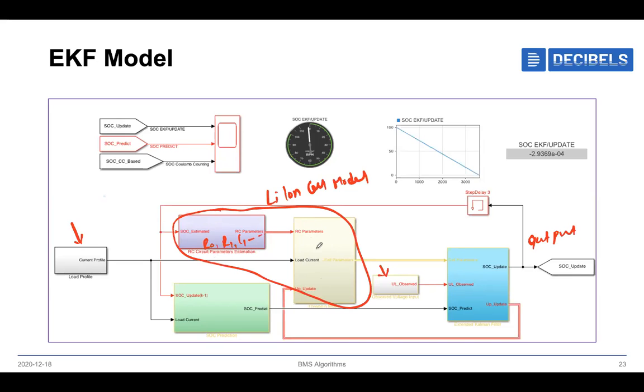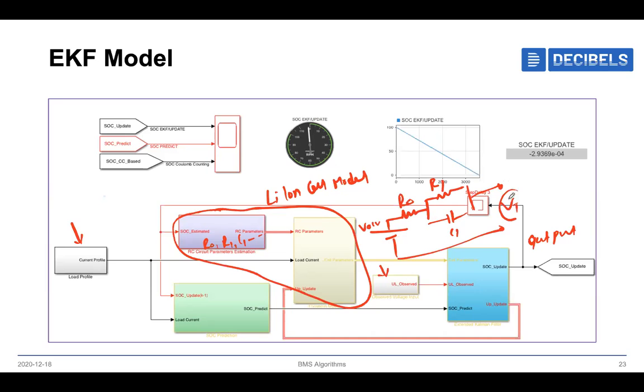These values are given over here, and if you know these values, our circuit will be something like this. So this is R0, this is R1 and this C1. This is the open circuit voltage and this point is the terminal voltage.